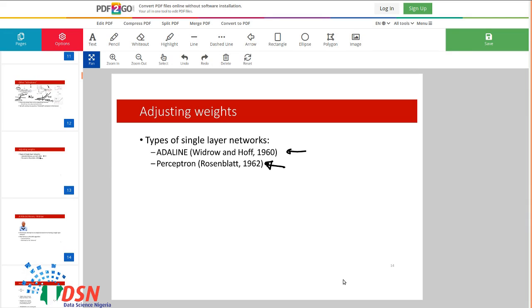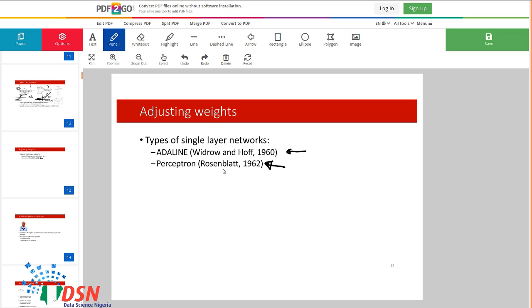Two of the networks and algorithms to train neural networks and adjust the weights are Adaline and Perceptron. Actually, they are two classical parts of the history of neural networks. We will review them very quickly in the next session.